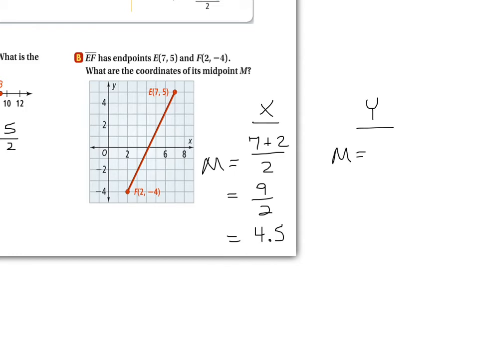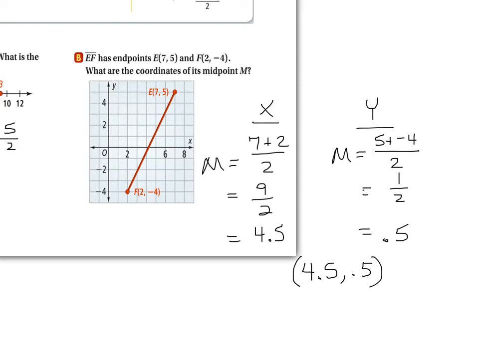Okay, the midpoint of the y values. Again, I'm going to take the y values, add them together, and divide by 2. In this case, 5 minus 4 is 1, divided by 2 is 0.5. So, the midpoint is at the ordered pair (4.5, 0.5).